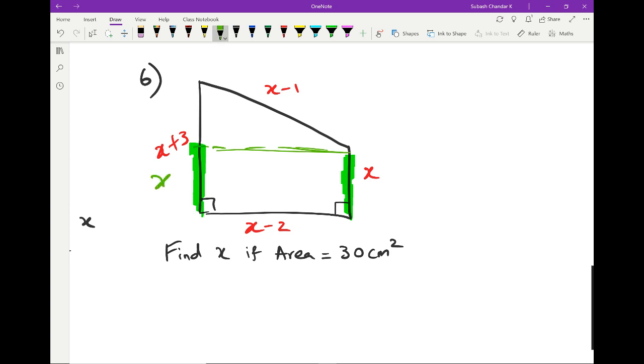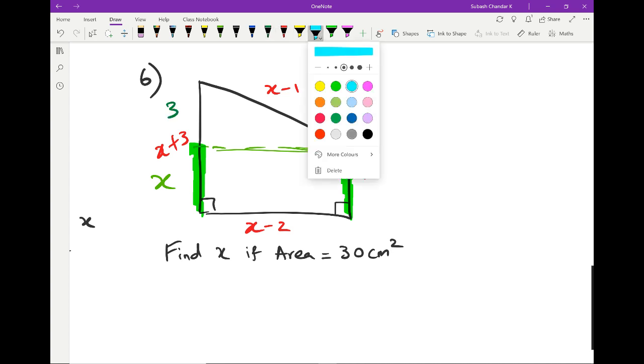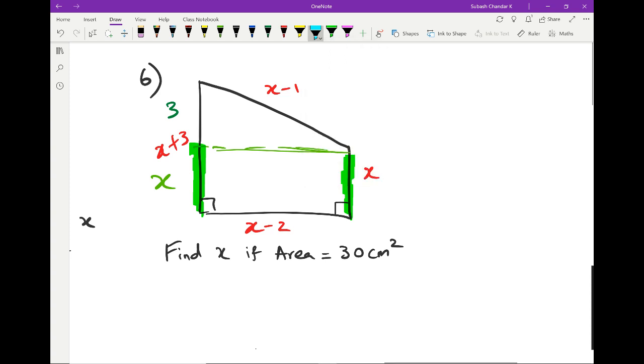So I'm going to replace that with x, which means the top part is going to be 3. To make sense, x plus 3 is the whole length from there to there. But because we've split it up now, we've got x at the bottom half and then 3 at the top.